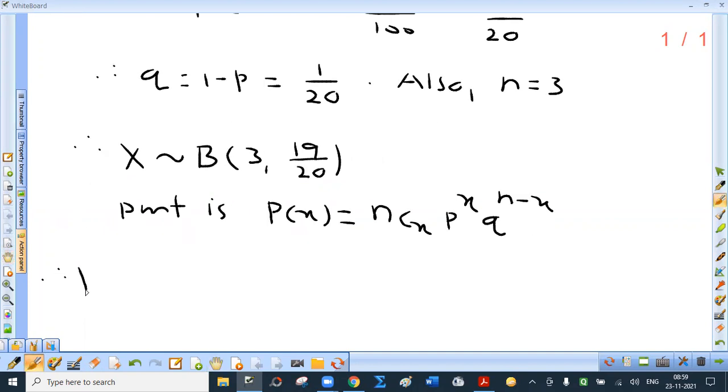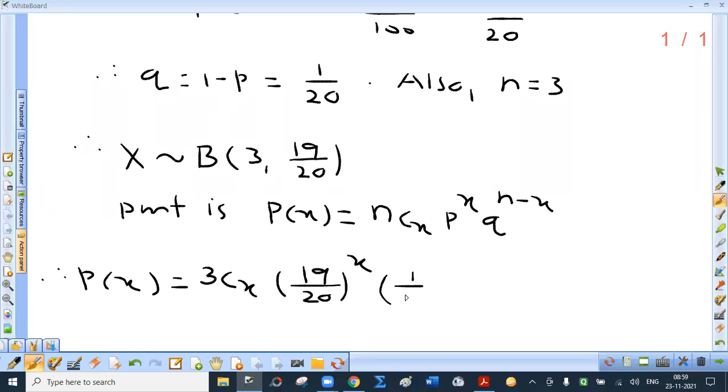So in this case, P of X equal to x is 3Cx, 19 upon 20 raised to x, 1 upon 20 raised to 3 minus x. Now x can assume which values? 0, 1, 2, 3.